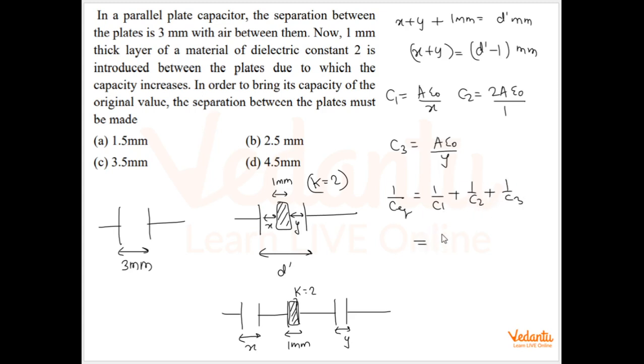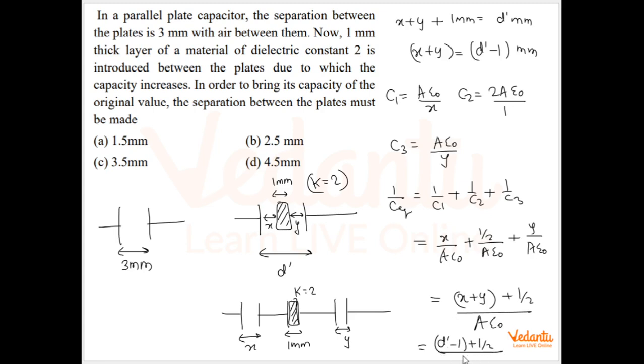That will be equal to x by A epsilon naught plus half by A epsilon naught plus y by A epsilon naught. Now this can just be written as x plus y plus half by A epsilon naught. This will just become d dash minus 1 plus half upon A epsilon naught.